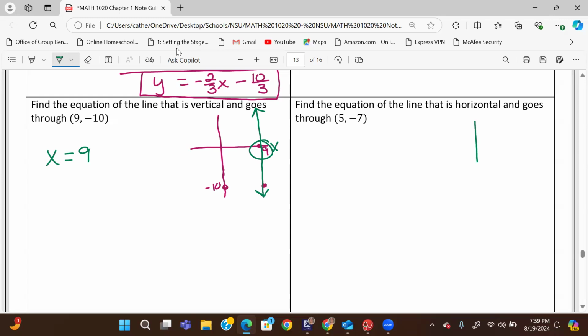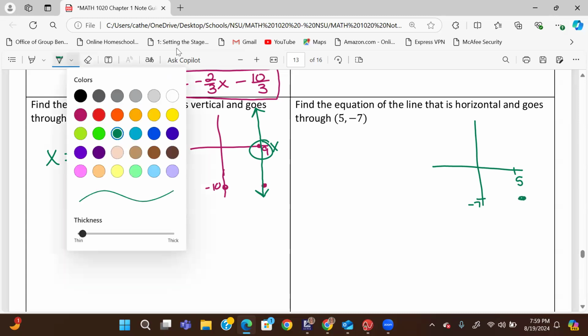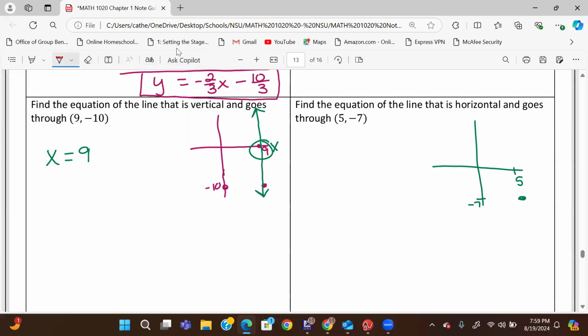Right, then we have one that has a horizontal line that goes through the point 5, -7. Horizontal like with the horizon, so that's going to be left to right. Let me put undefined on here for slope.